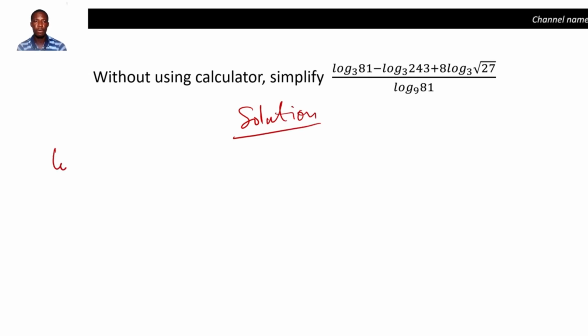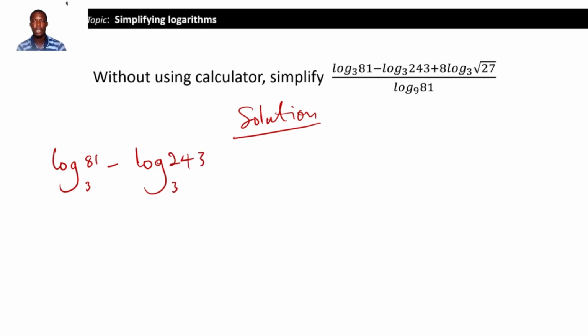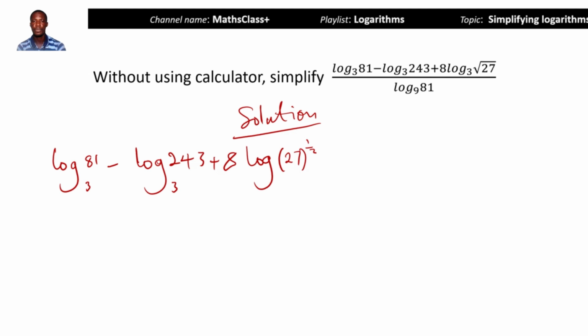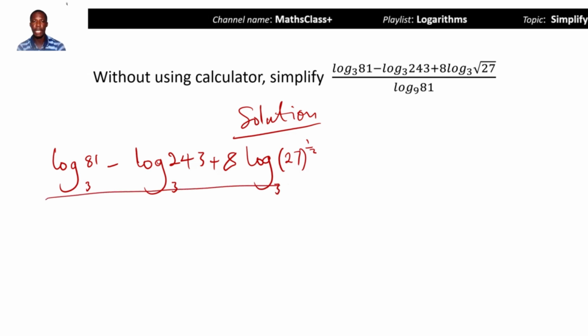Now we have log 81 to the base 3 minus log 243 to the base 3 plus 8 log. So for the log root 27, I will rewrite it as log 27 to the power 1 over 2 to the base 3 as the numerator, and the denominator is log 81 to the base 9.